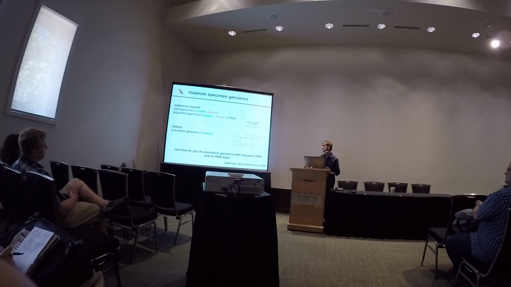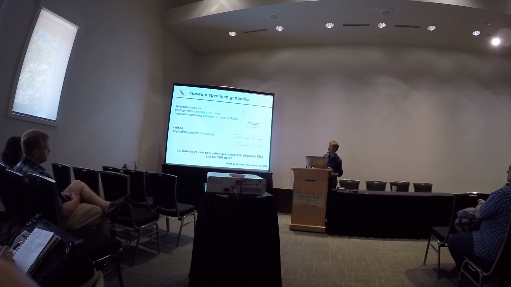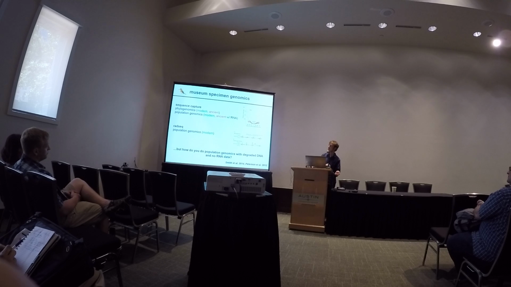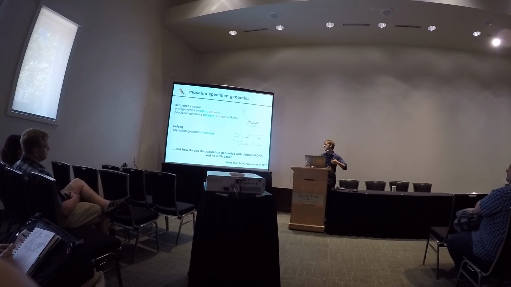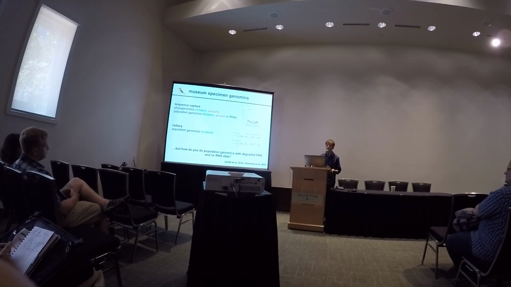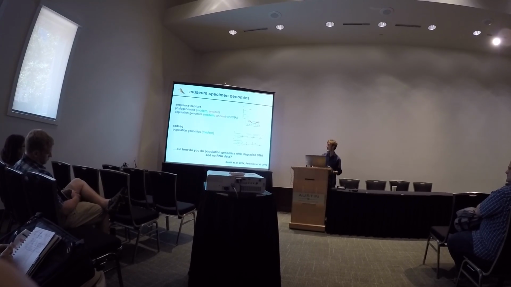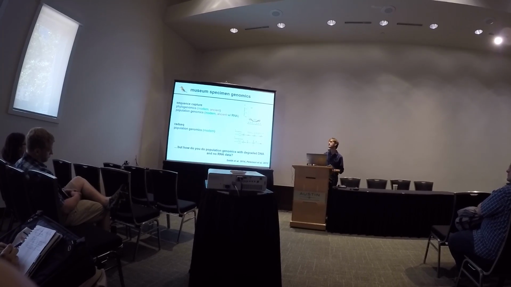So for instance, a method like sequence capture, UCEs, exon capture, in phylogenomic studies can be used with modern tissue or ancient DNA. For population genomic work, it works well with modern DNA or ancient DNA if you have a transcriptome to design probes from.